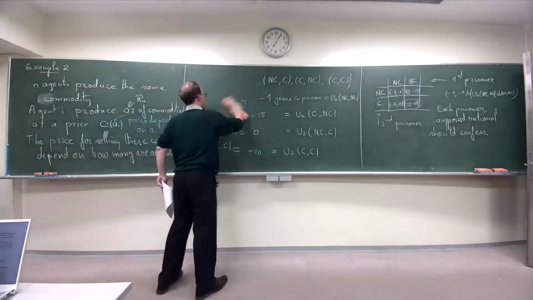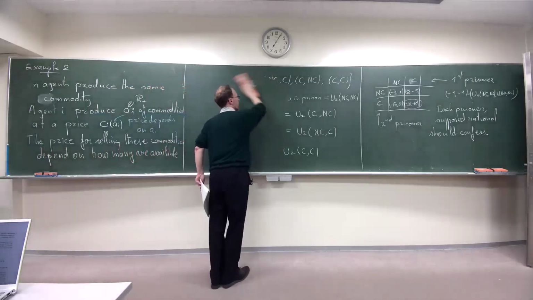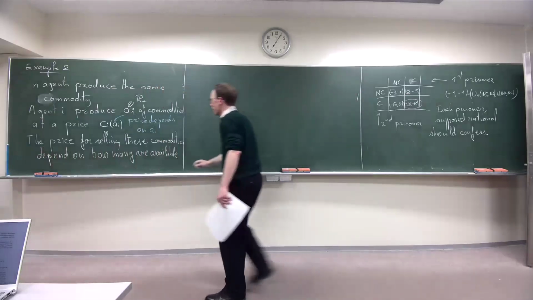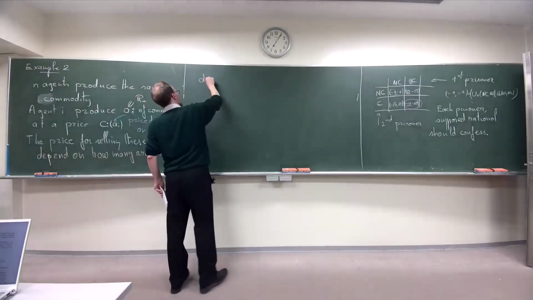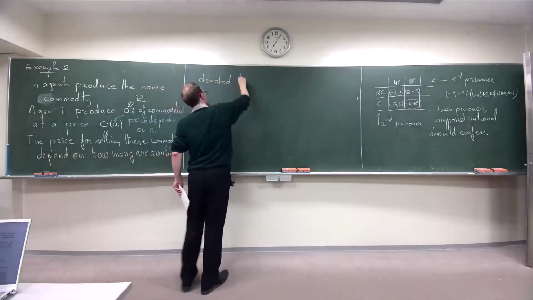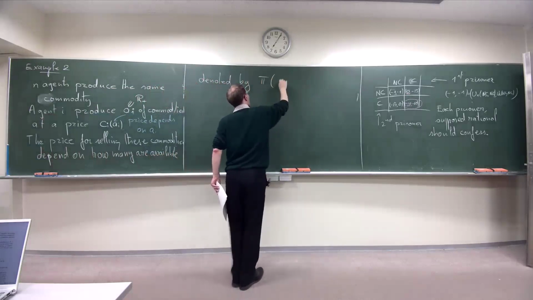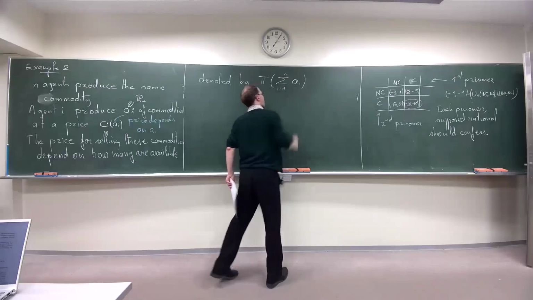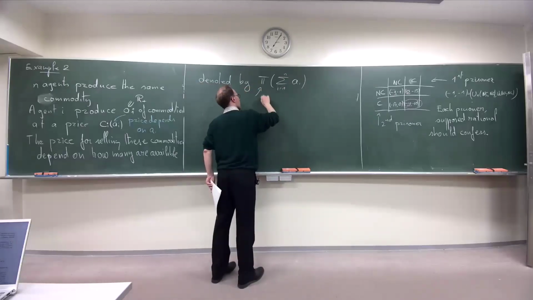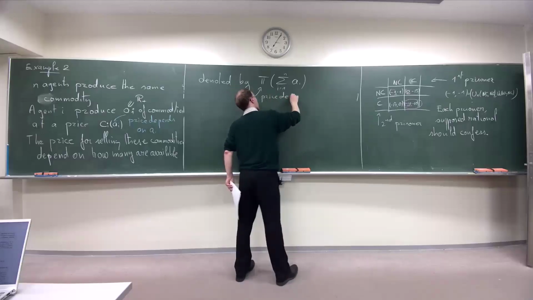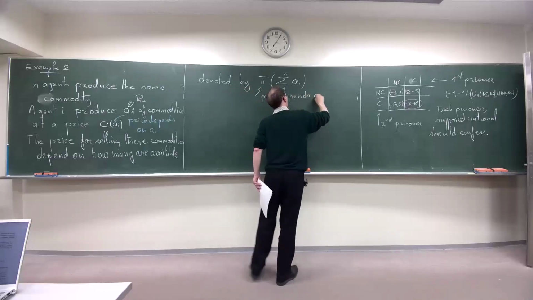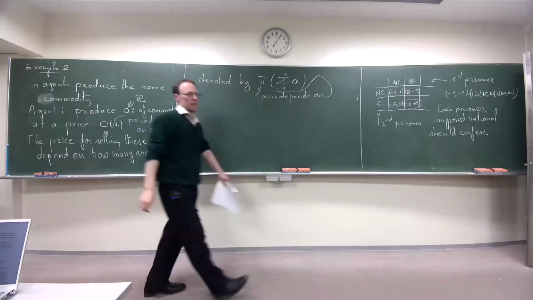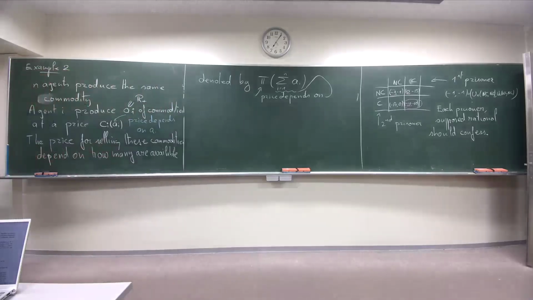If you have a lot of them, the price is different than if you have very few of them. So the price for selling these commodities I'm going to denote as a function of the sum of all commodities. So the price depends on this total number of commodities. This is a certain model.